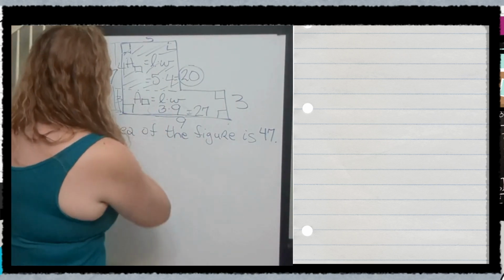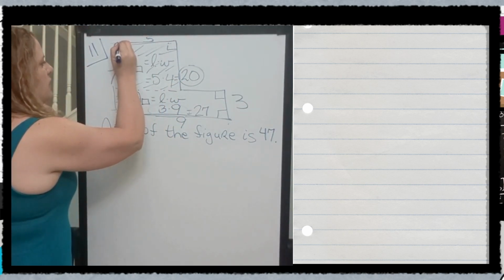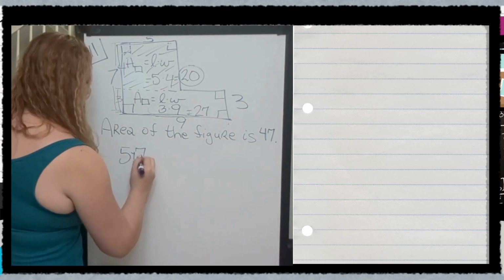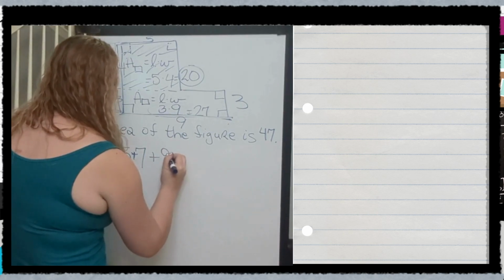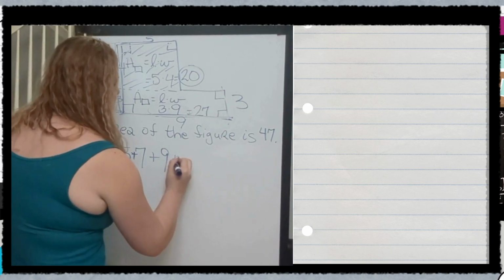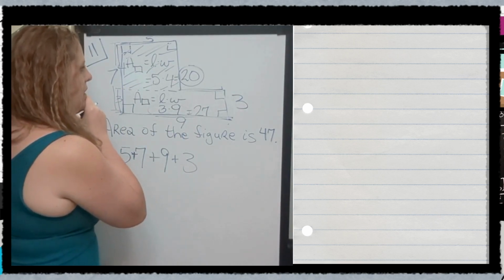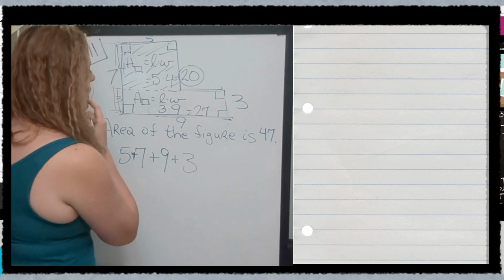So we're now going to add our whole perimeter. We have 5 plus 7 plus 9 we just found, plus 3, plus, oh man, what is that? I have to figure that out, right?